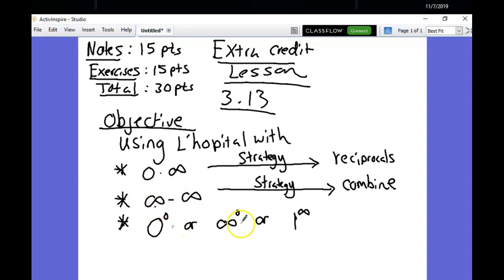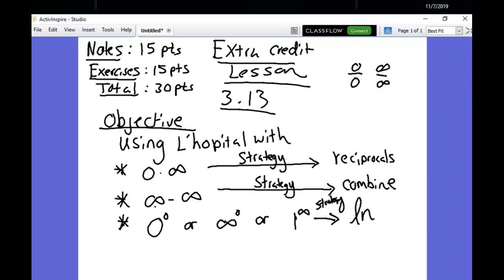And for all the ones that involve some kind of an exponent, we're going to use the natural log somehow. So those are the three different types of indeterminate forms that we haven't talked about yet, and these are the algebraic strategies we're going to use to transform them into either infinity over infinity or 0 over 0 so that we can actually do L'Hopital on them.